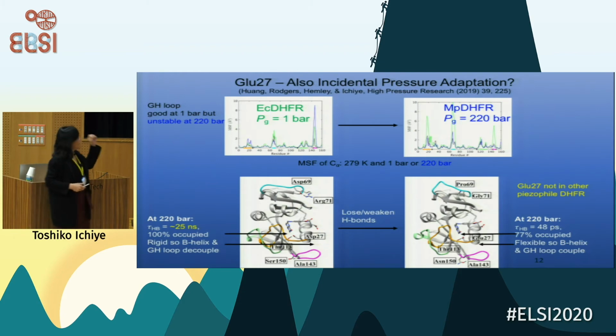Okay, so why did I say an incidental pressure adaptation? Because all the other sequences of piezophilic bacteria from other genuses do not have this mutation. So it's not a necessary adaptation, it just happens to work.